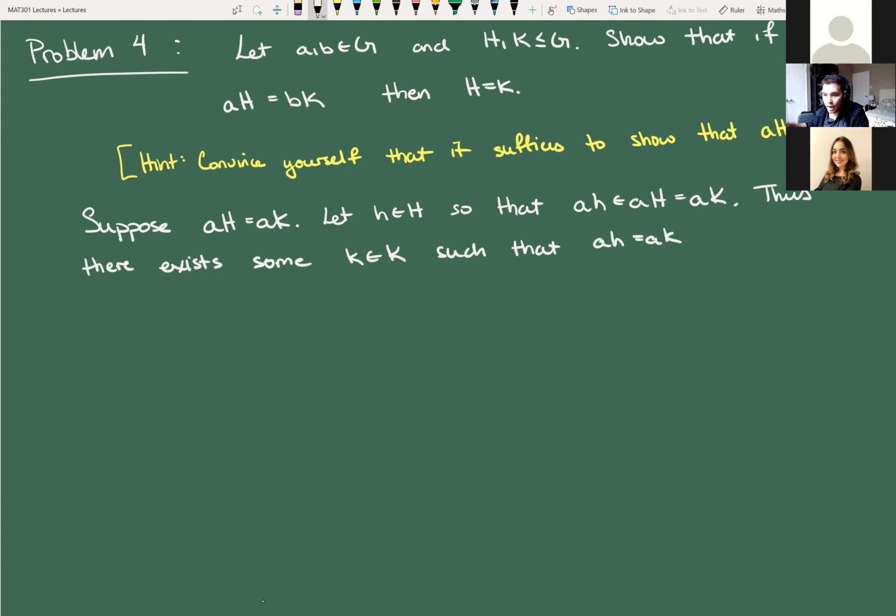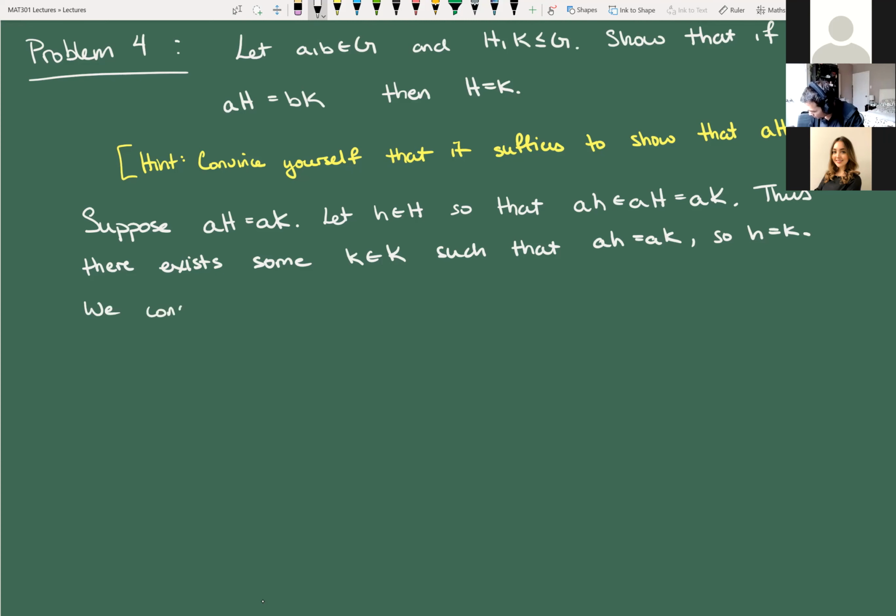But now that implies h is equal to k, because we can just multiply both sides by A inverse. This is one of those things where, in some sense, it's obvious that the elements in H perfectly have to correspond to K. And this is what we wanted to do. So h is equal to k, which is an element of K. So h is certainly in K.